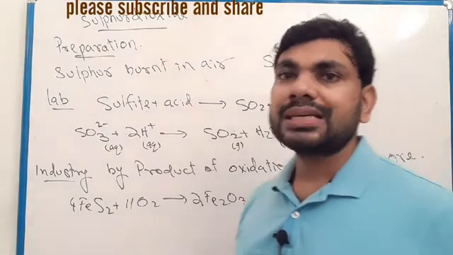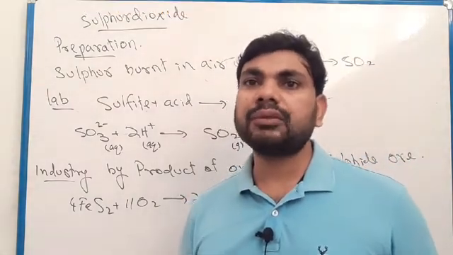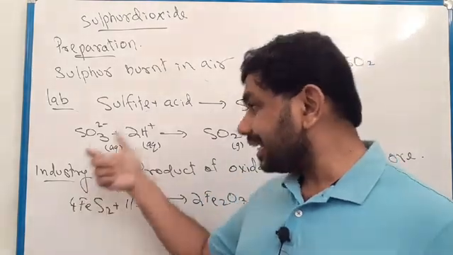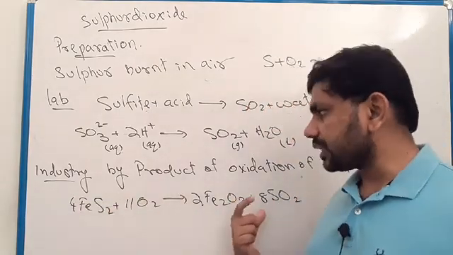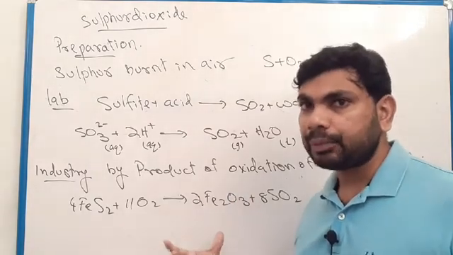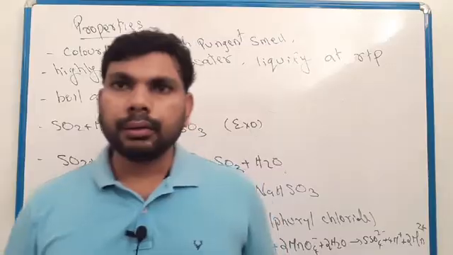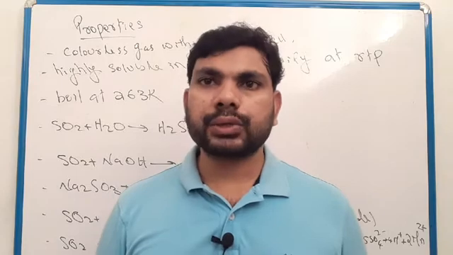Another example, zinc blende: zinc sulfide after oxidation forms zinc oxide and sulfur dioxide. So in the industrial method, sulfur dioxide is formed as a side product during extraction of metals. Next, we have to understand the properties of sulfur dioxide.